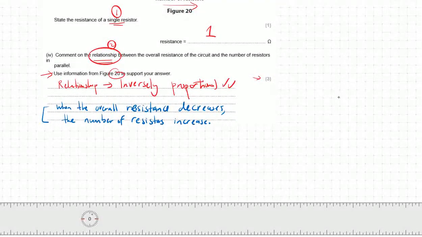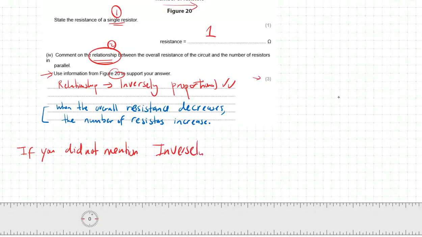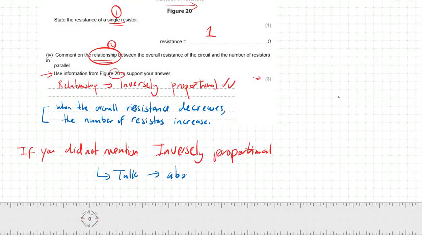Now, for those of you who did not put inversely proportional, then you need to get your mark, you need to talk about data, use data. Let me just write it down here so you know. If you did not mention inversely proportional, talk about data.